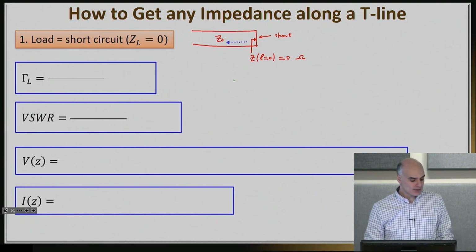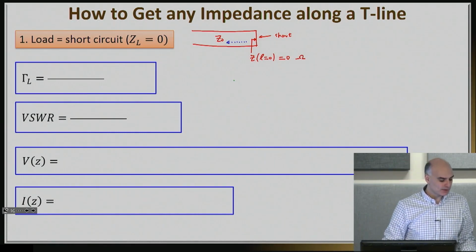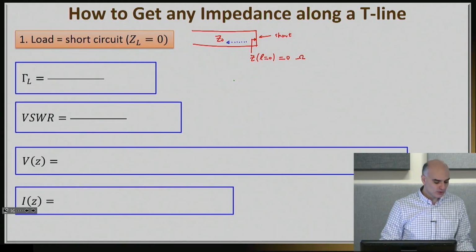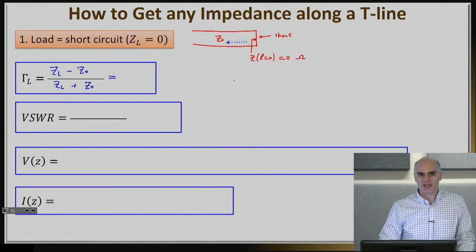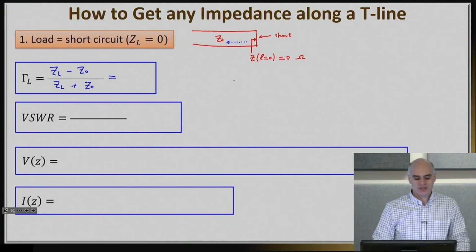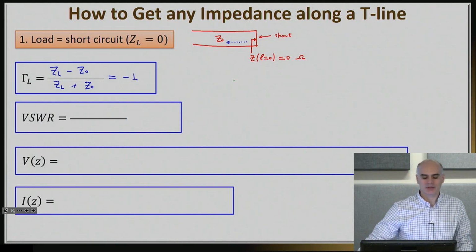So let's see that. Let's start with finding the reflection coefficient for my load. Gamma L is equal to ZL minus Z0 over ZL plus Z0. Since my ZL here is equal to 0, this is nothing else but -1.